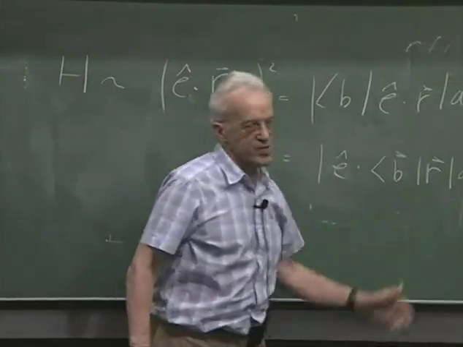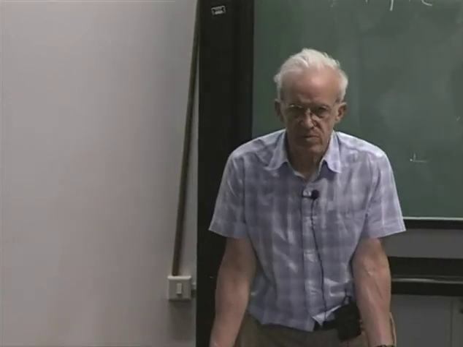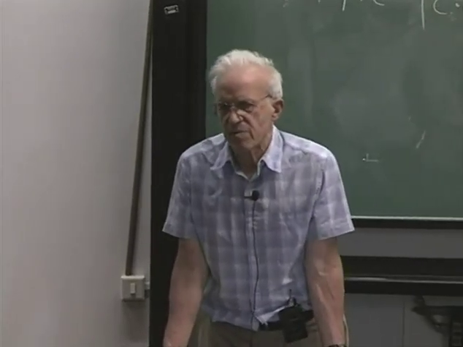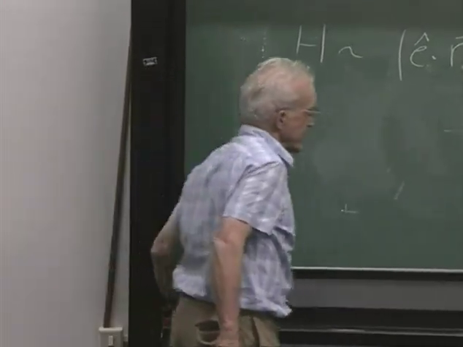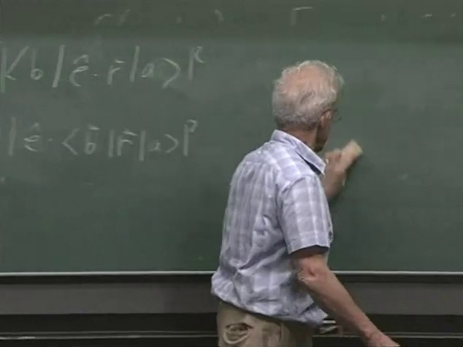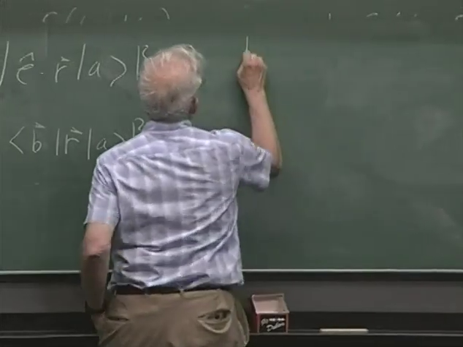This matrix element over here imposes selection rules. I'm not going to talk about them in any great detail because it's a pretty straightforward business, but just to remind you of where it comes from, that we can write r over here.